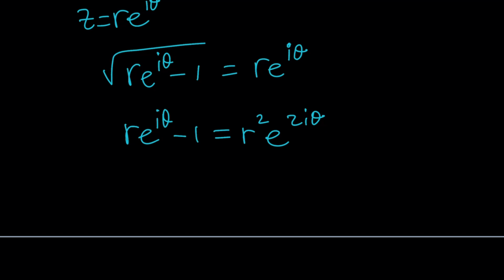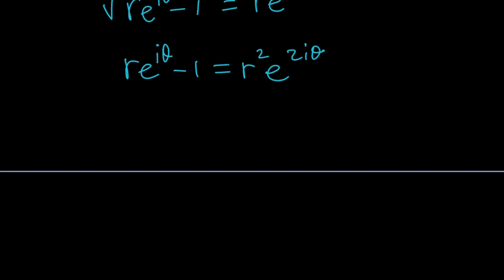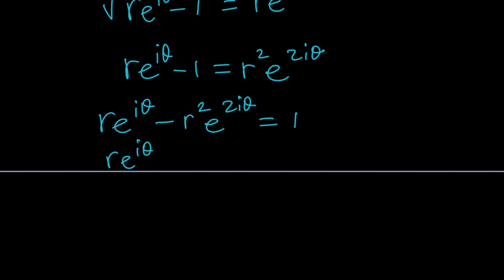At this point, we can put all the r's and thetas on one side and isolate the 1. So, r e to the i theta minus r squared e to the 2i theta equals 1. And then from here, I could probably take out some stuff, like maybe r e to the i theta times 1 minus r e to the i theta equals 1.